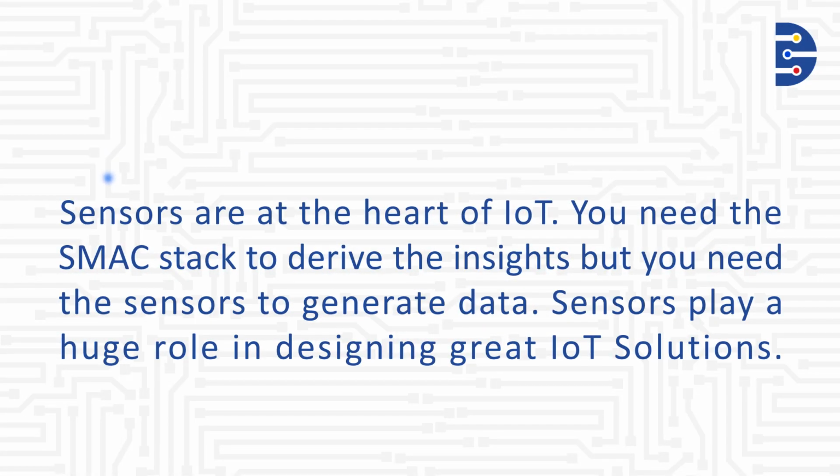To conclude, sensors are at the heart of IoT. You need the SMACK stack to derive the insights, but you need the sensors to generate data. And sensors indeed play a huge role in designing a great IoT solution.